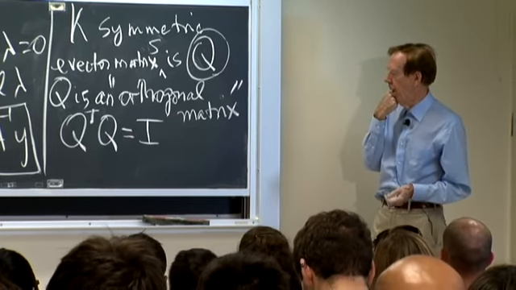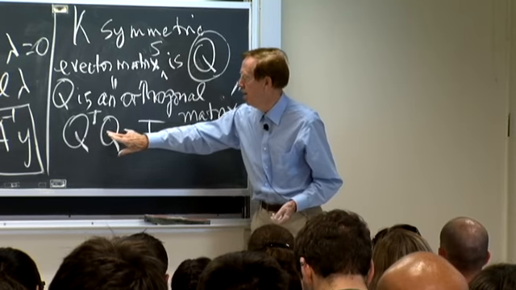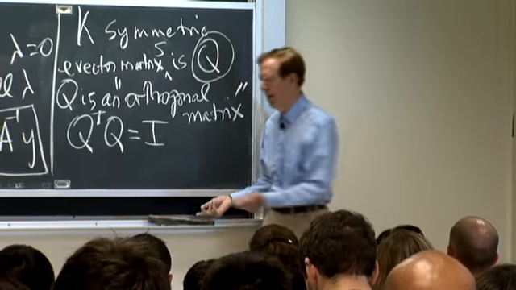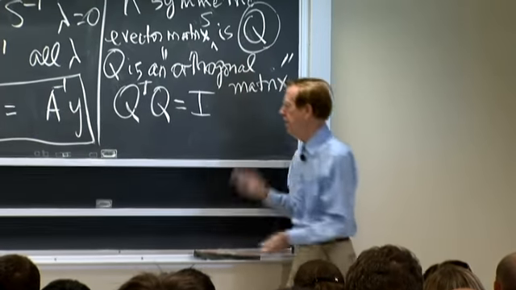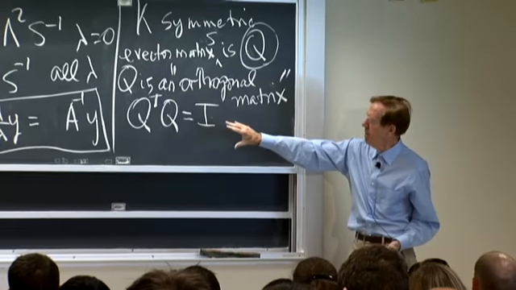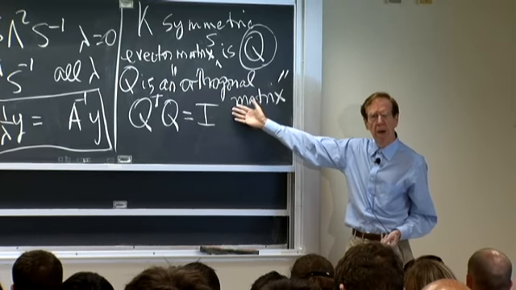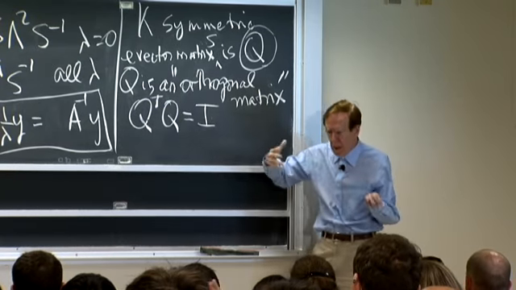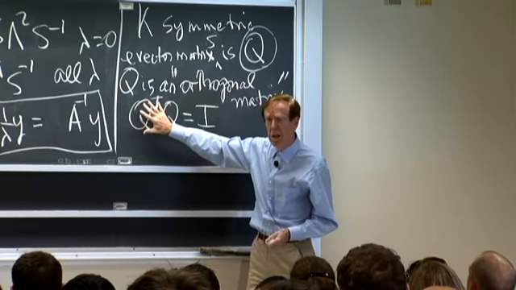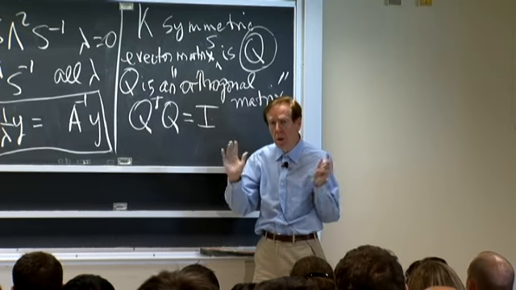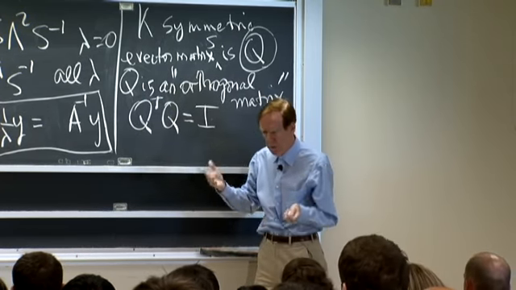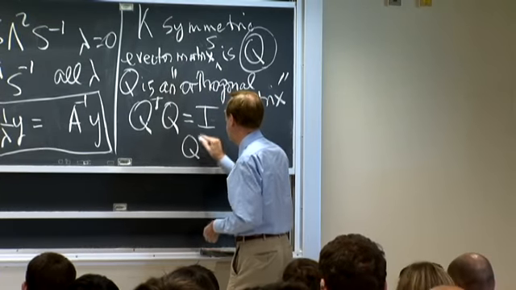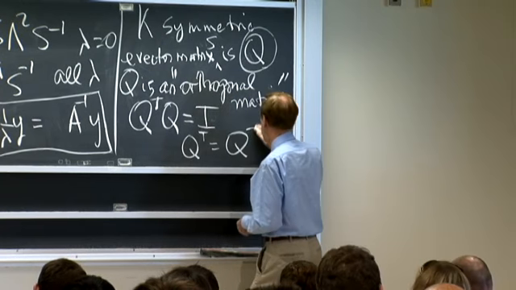Q transpose times Q is giving the identity. What does that tell me about the inverse of Q? Some matrix is multiplying Q and giving I. So what is this matrix? What's another name for this Q transpose? It's also Q inverse, because that's what defines the inverse matrix, that times Q should give I. So Q transpose is Q inverse.